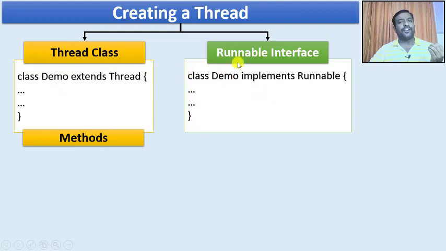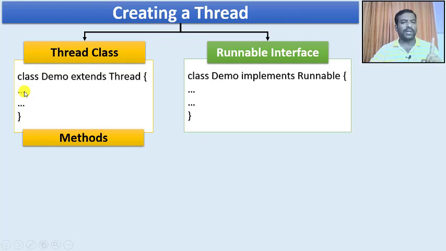If you're using an interface, you don't have any methods already defined. You need to define the body for every method, but the advantage in this case is that you need to implement only one method. I will tell you what that method is.